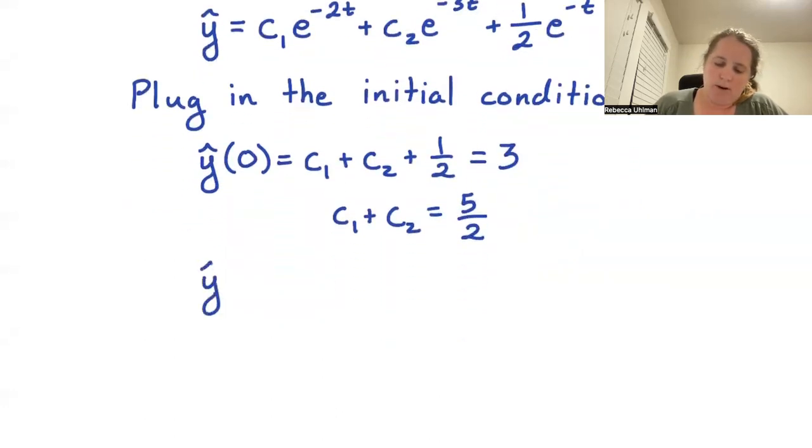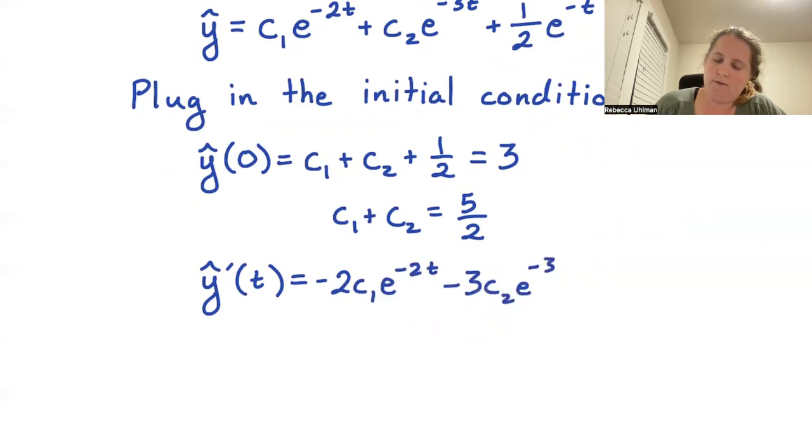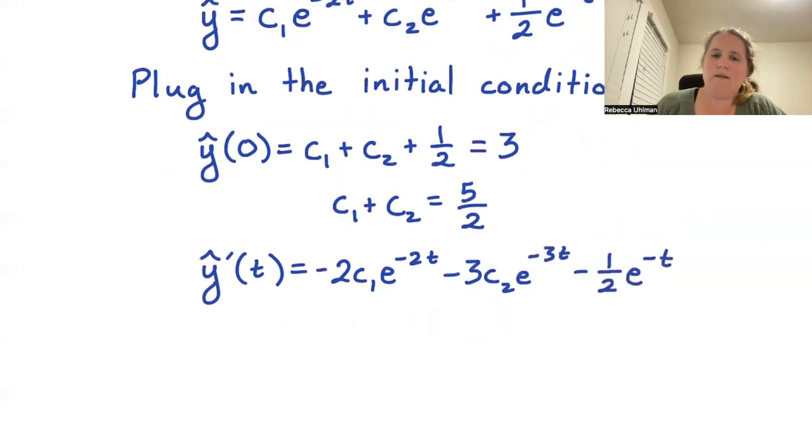For y hat prime of t, we're looking at negative 2c1 e to the negative 2t minus 3c2 e to the negative 3t minus 1/2 e to the negative t.